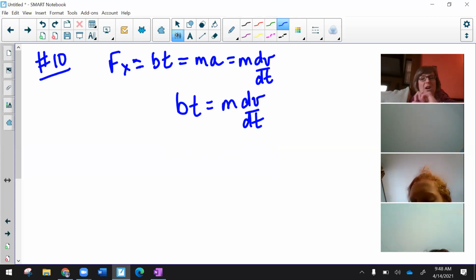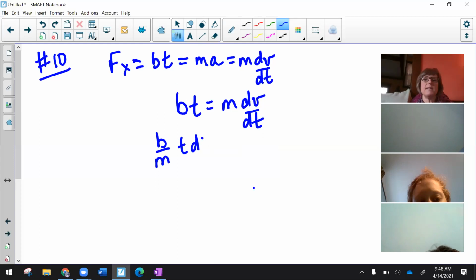I'm going to put all my t's and my dt's on one side and all my v's and dv's on the other. So basically I'm going to have b over m t dt is going to be equal to dv.